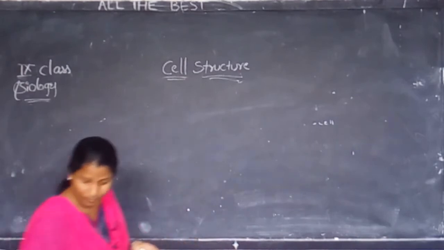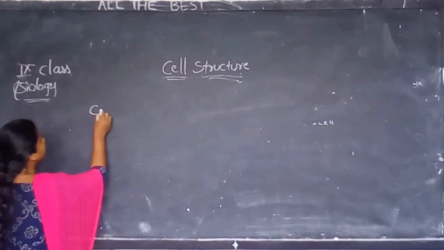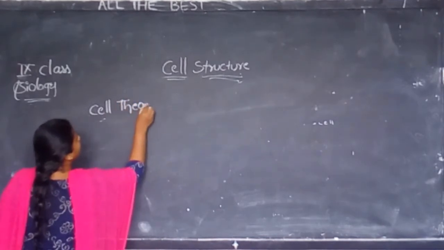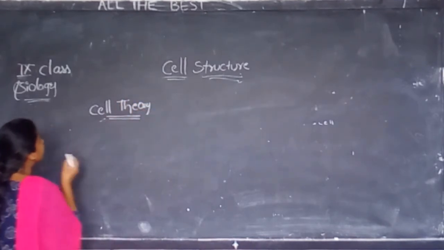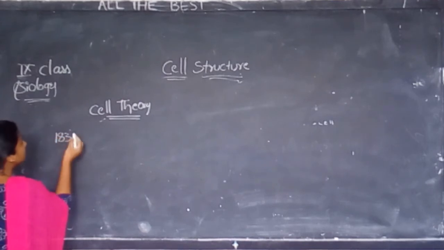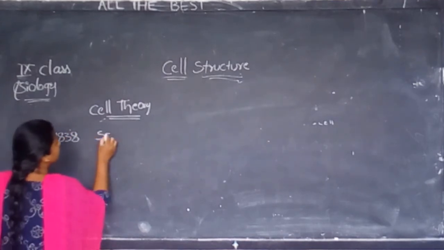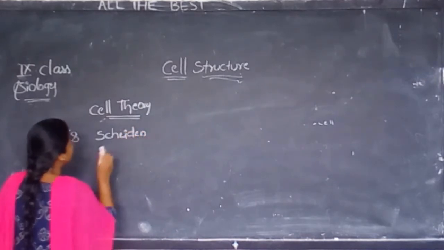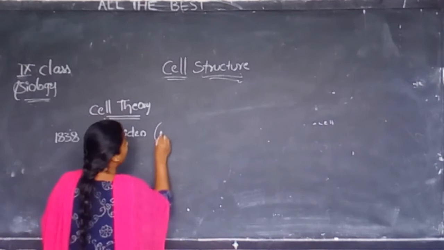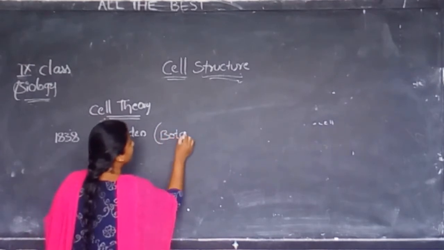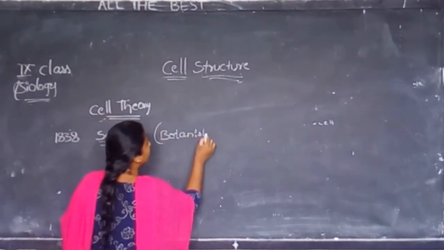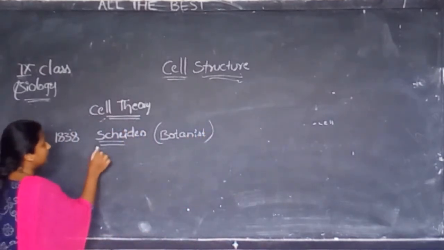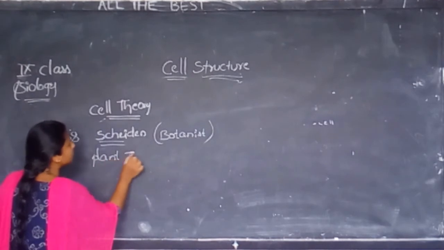Now we'll see what is cell theory. In 1830, the Swedish scientist, a botanist, examined plant tissues.